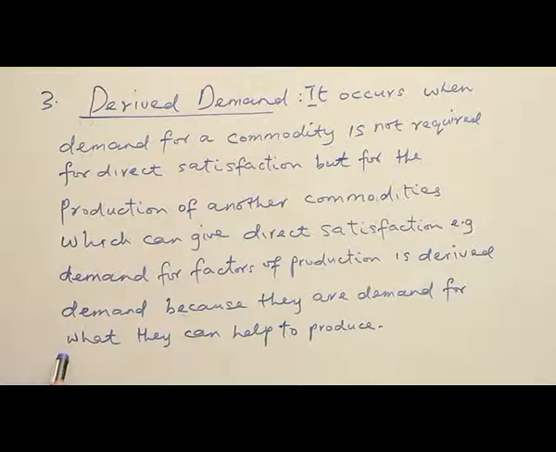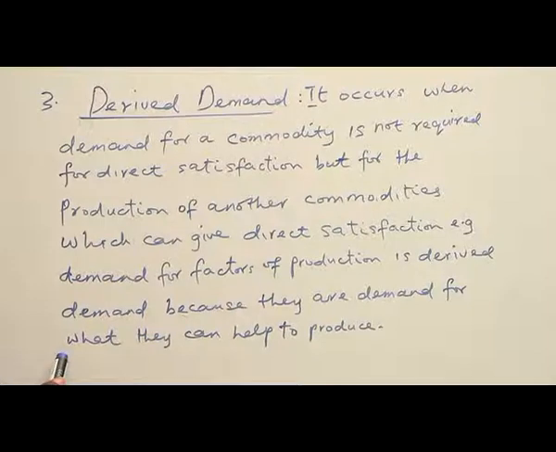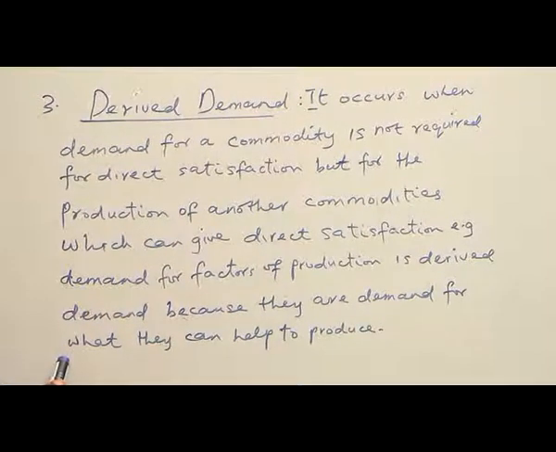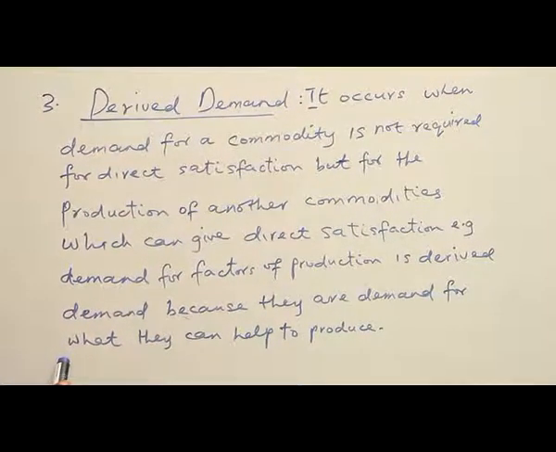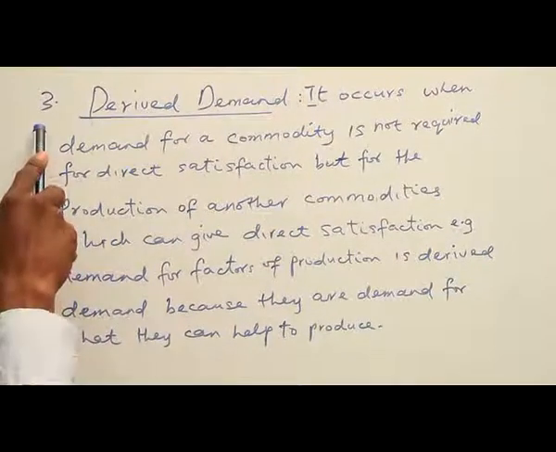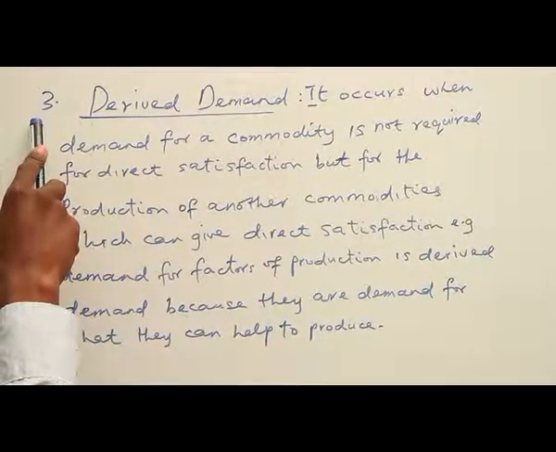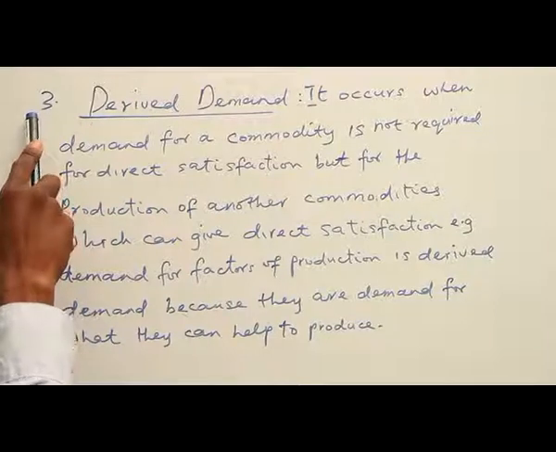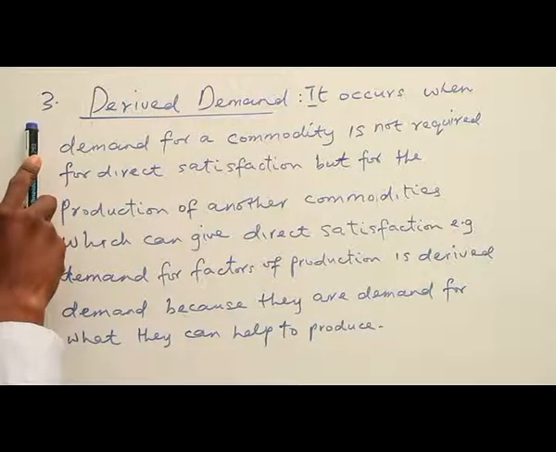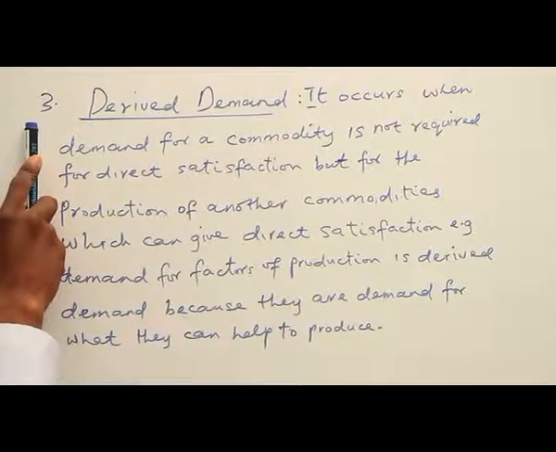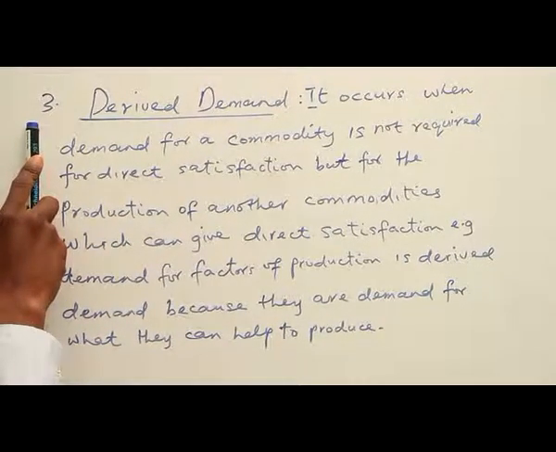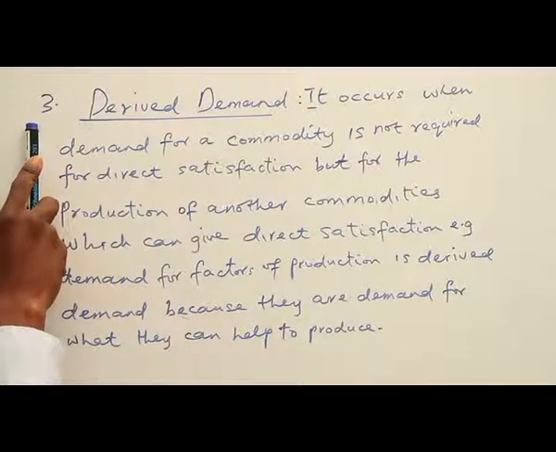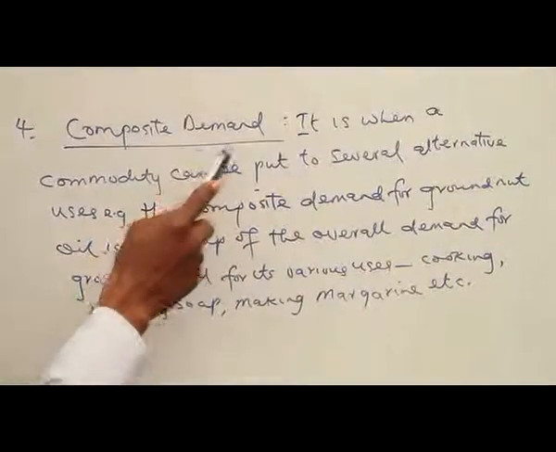But after cooking, maybe rice, stew, and so on and so forth, all these are direct satisfaction. So in derived demand, we have two kinds of commodities: direct satisfaction and indirect satisfaction. When you say indirect satisfaction, that is, we just need them in order to produce direct goods that can give us direct satisfaction.